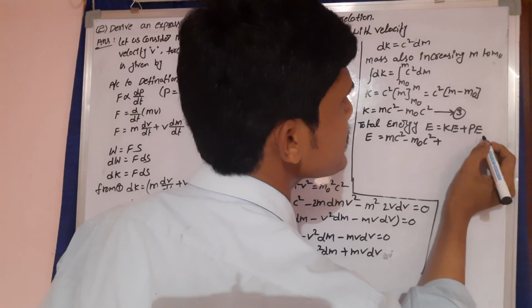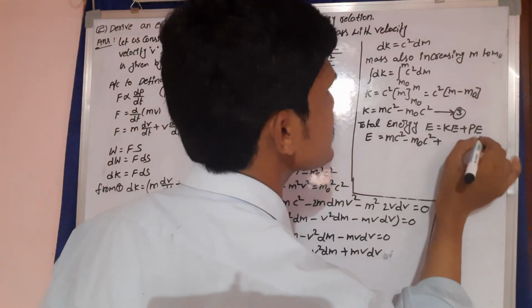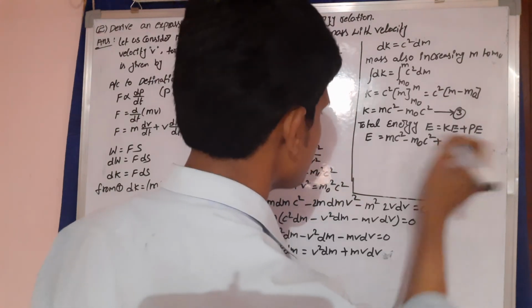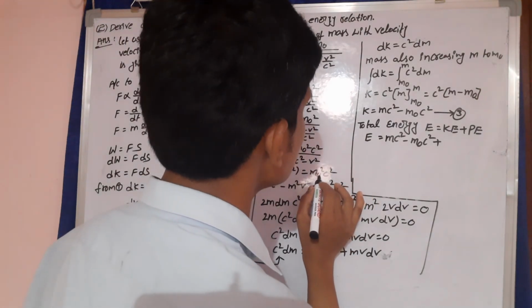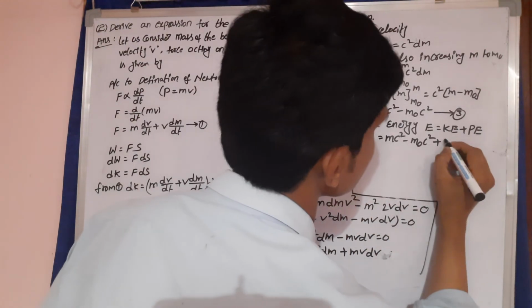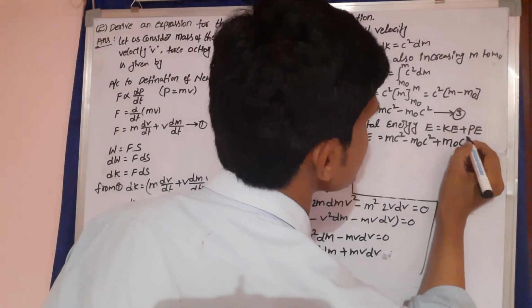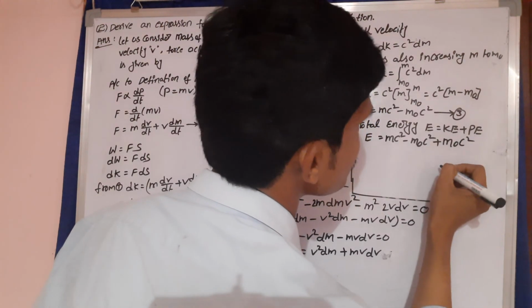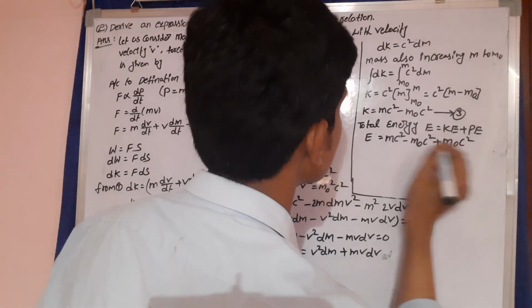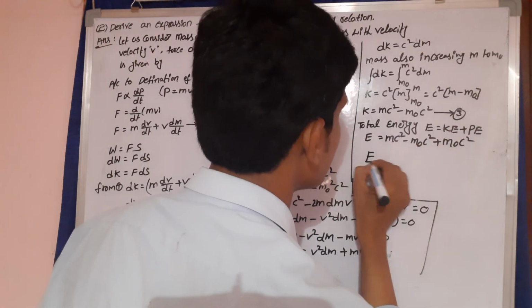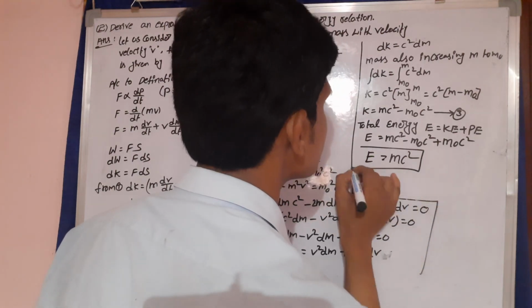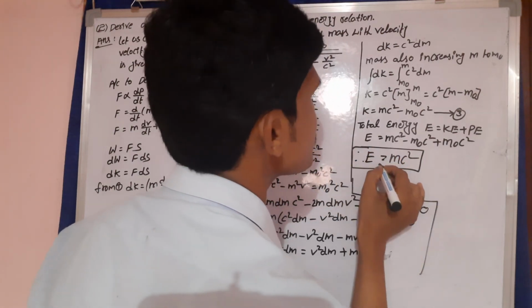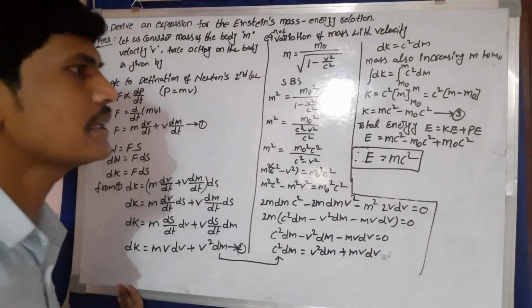Potential energy means energy due to position, that is m naught c square, a constant. So positive m naught c square and negative m naught c square cancel, remaining E equals mc square. This is the mass and energy relation.